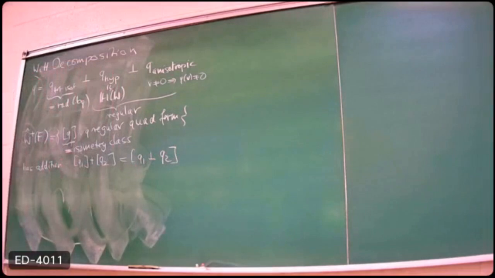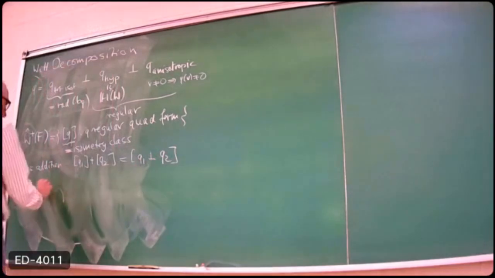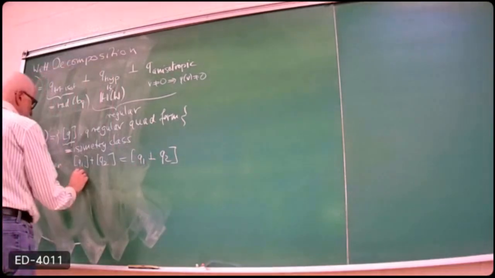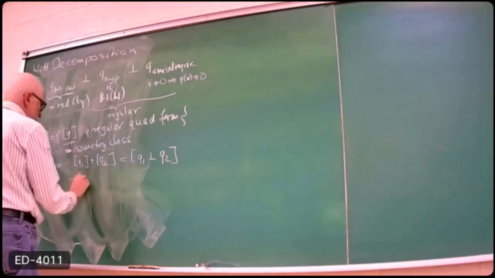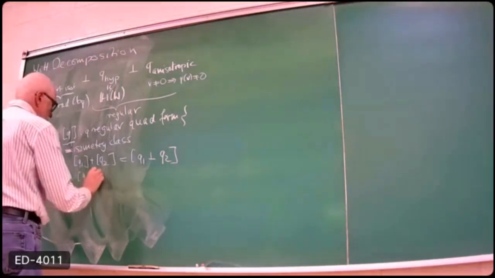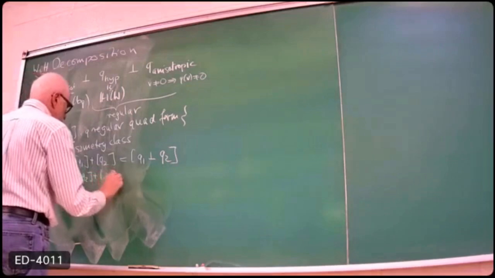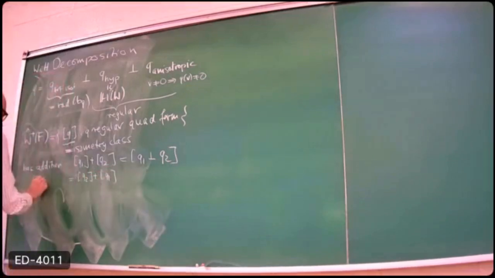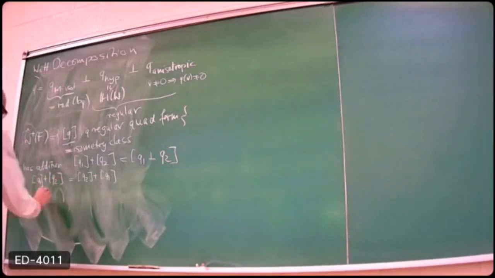Okay. And now this addition has the following properties. First of all, it's commutative, right? Q1 plus Q2 is also the same as Q2 plus Q1. It has a zero.